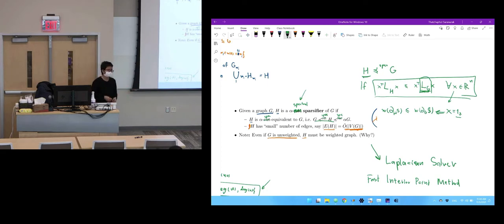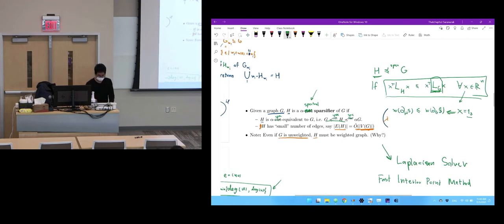You can just work with the Laplacian of the spectral sparsifier. Note that if the number of edges in H is small, then the number of non-zeros in the Laplacian of H is small too, right? So if your graph is sparse, then your matrix is also sparse, and that's why it's good.